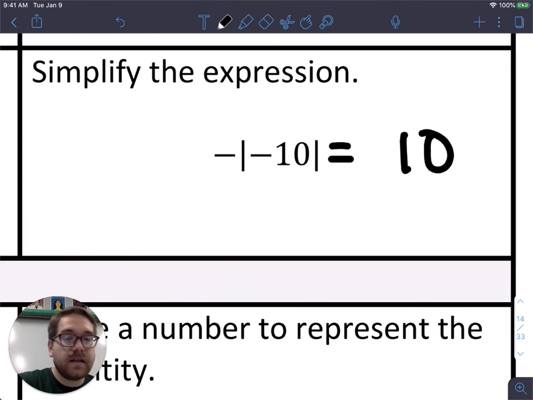Negative 10 is 10 away from 0 on a number line. And so the absolute value of negative 10 is 10. But we still have this negative symbol out in front of the absolute value sign that we didn't do anything with, so it comes along as well. So the negative absolute value of negative 10 is negative 10.